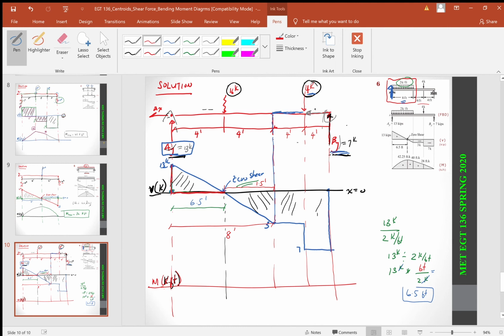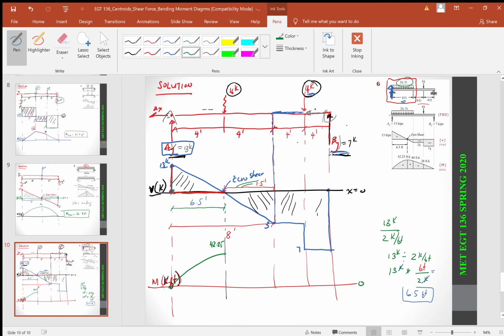That's 1/2 the base times height, which gives me 42.25. I'm going to draw this starting from my 0 line. It's going to go that way. That's 42.25 kip feet.